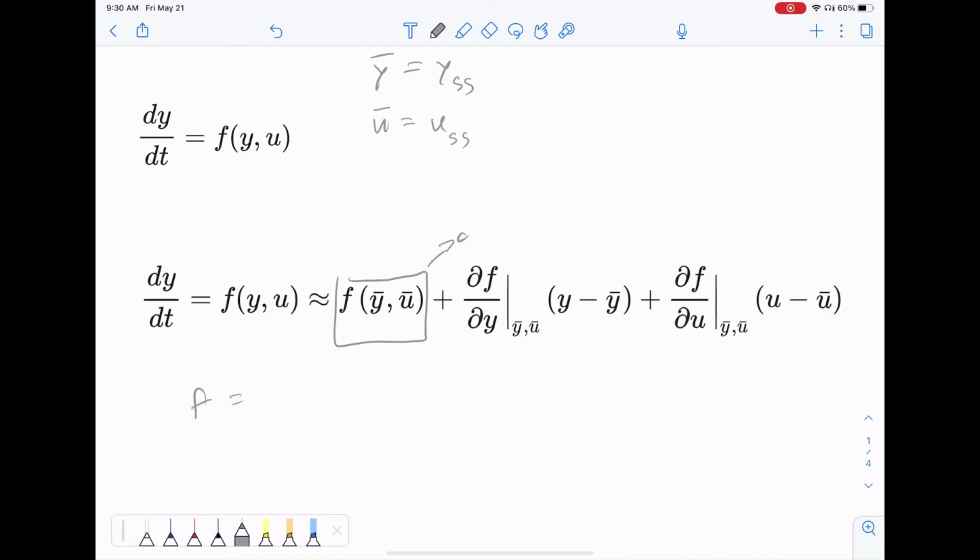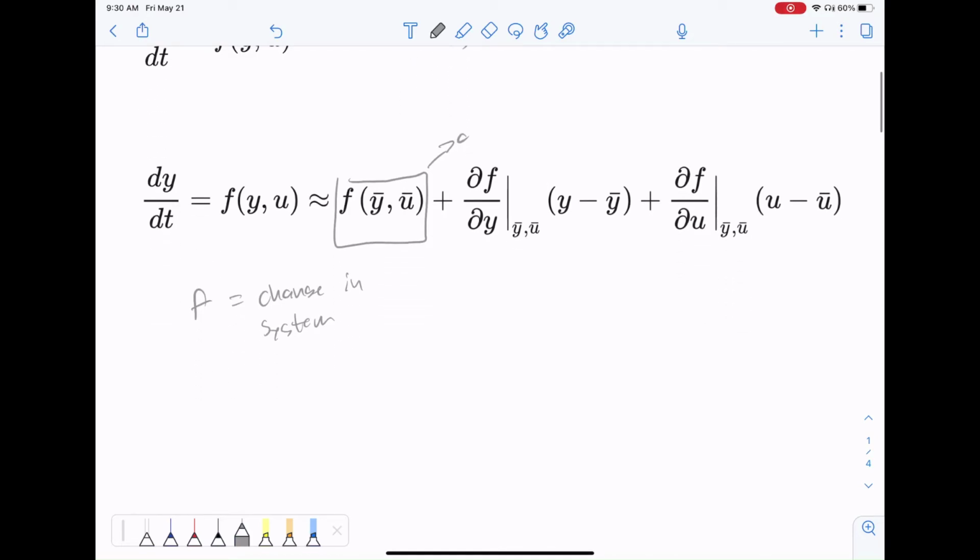Our f is modeling the change in the system. And so if our values are selected such that f is a function of, let me back that up, wrong variable, y bar and u bar, that should equal 0 by definition, as these are steady state values, and steady state values do not have a change in system.